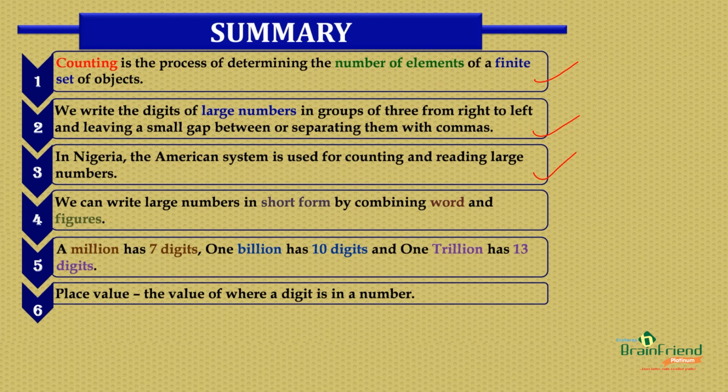Going on, we learned that we can write large numbers in short form by combining word and figures. We also learned that a million has 7 digits, 1 billion has 10 digits, and 1 trillion has 13 digits. And lastly, we learned that place value is the value of where a digit is in a number.